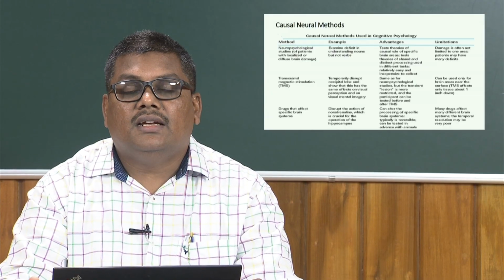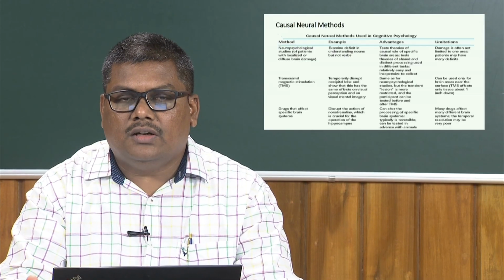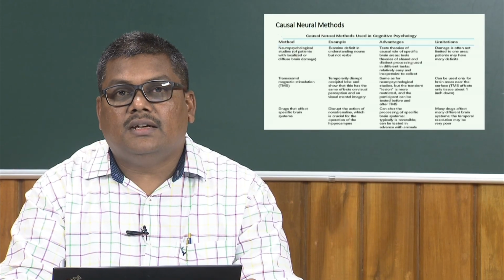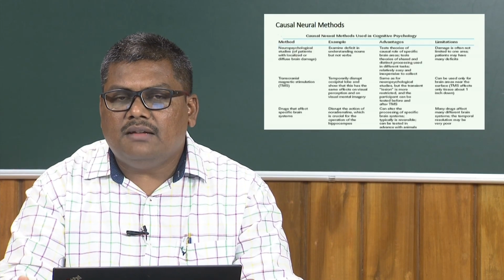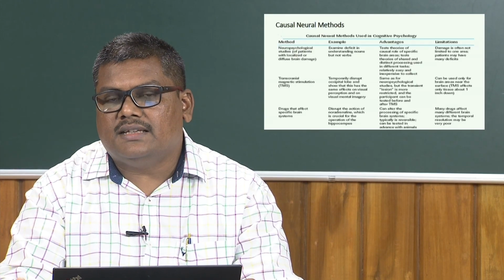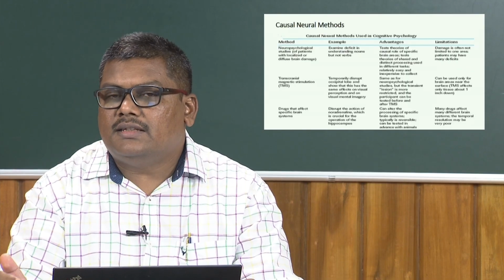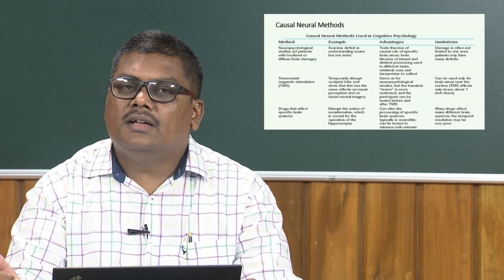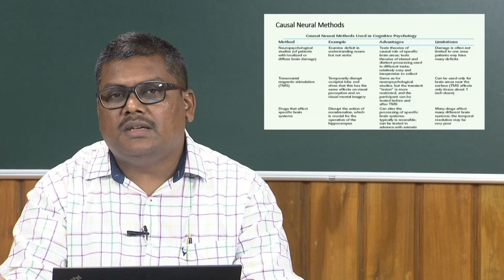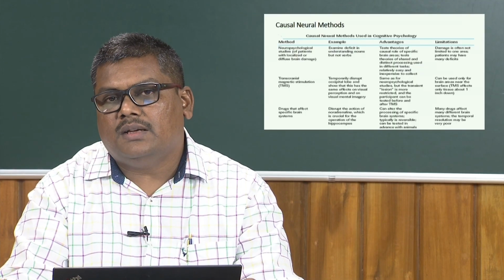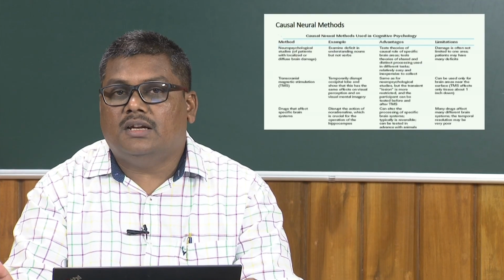The second method in this particular group is called transcranial magnetic stimulation. Now, in TMS there are two types: one is called the single pulse and the other is called repeated TMS, or repetitive transcranial magnetic stimulation.